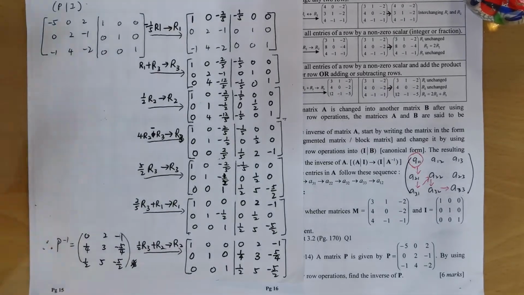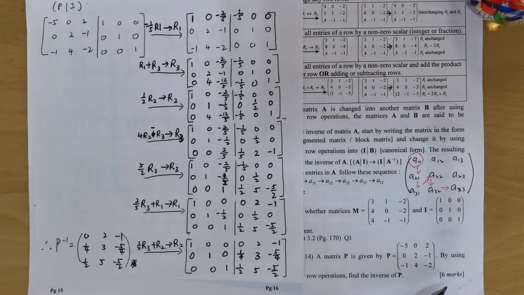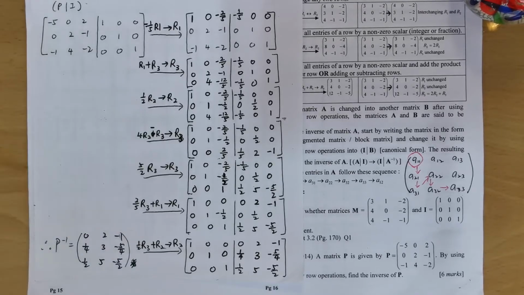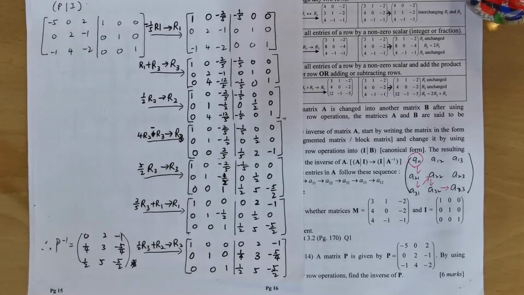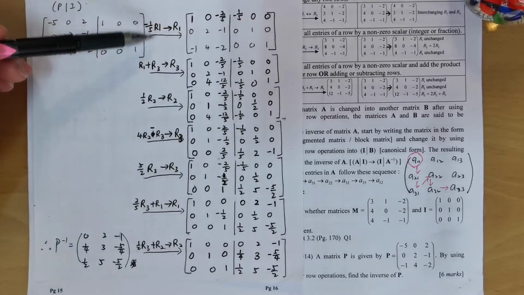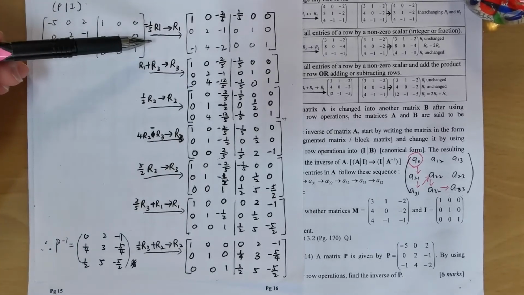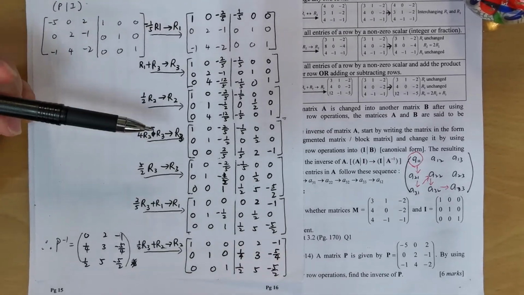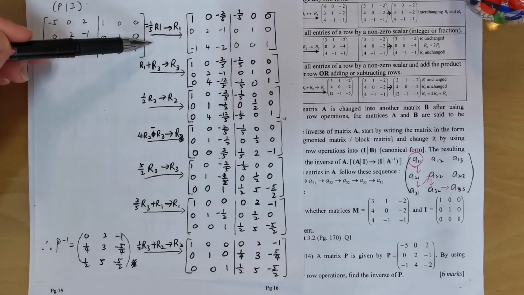This is longer lah. That's why they give you 6 marks, because it is longer. So some students, they are quite smart, or you see some reference book, in one row they do 2 operations. If you think you are good, then you can do it. They do 1 operation here, then 1 operation here.